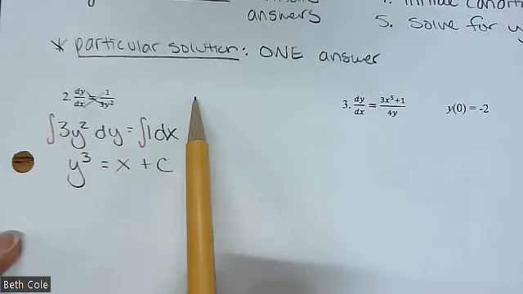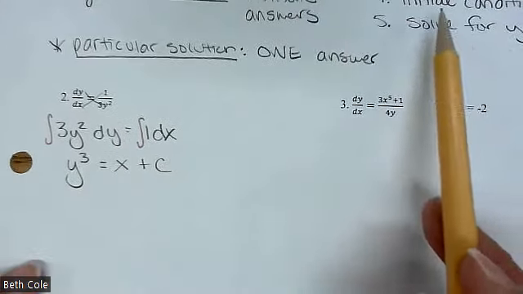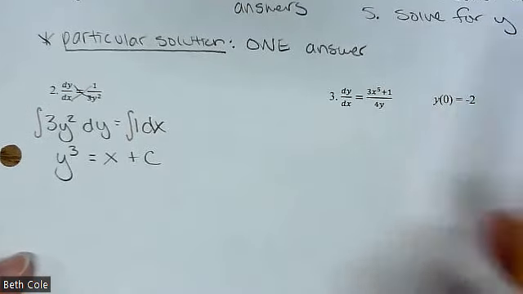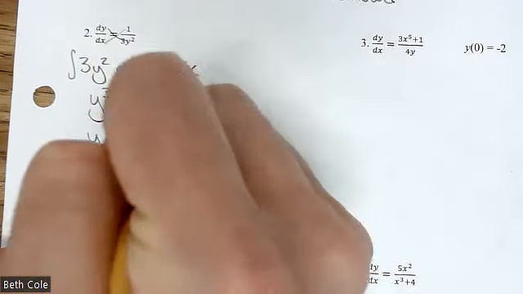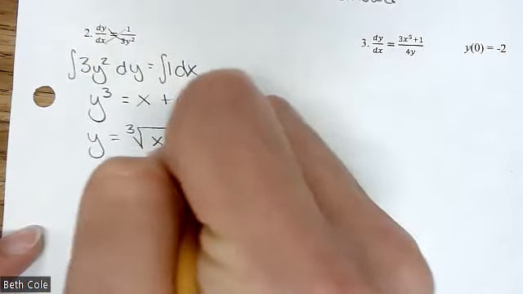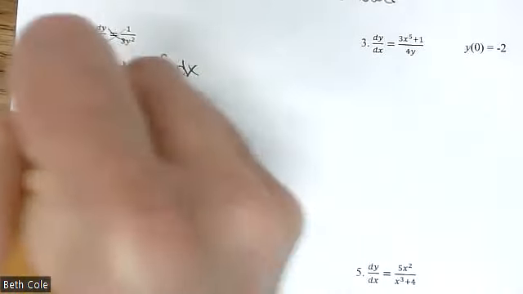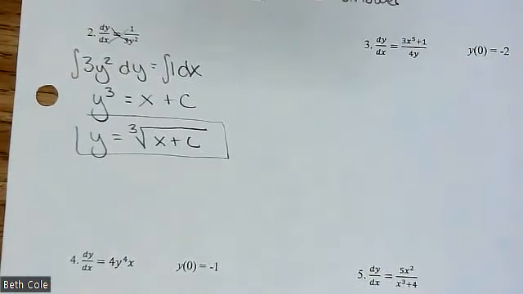This one doesn't have one. Great, less work, so skip that. And all we have to do is solve for y. So what would you do to get y by itself? Cube root. And so it's y equals cube root of x plus c. So did we get a general solution or a particular solution? General, and it's an infinite number of answers, which is cool. It's an infinite number of answers. That's neat.